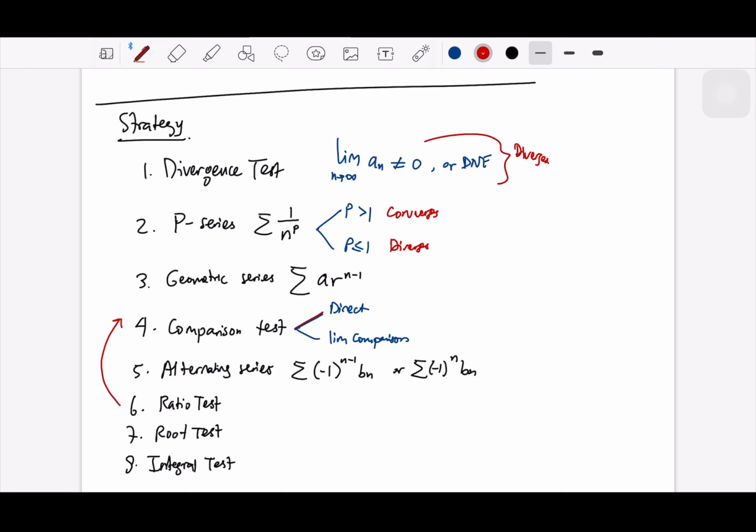So we can look more, and if the series appears like a geometric series, then you can find the sum of the geometric series, and you will know whether it converges or diverges through the ratio. The other part that is still not too difficult is the comparison test.